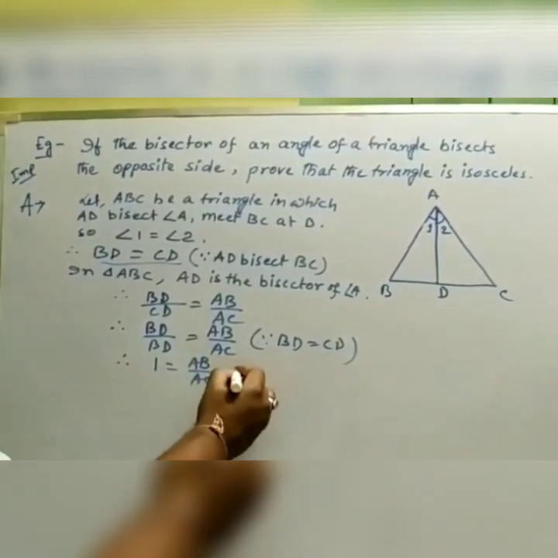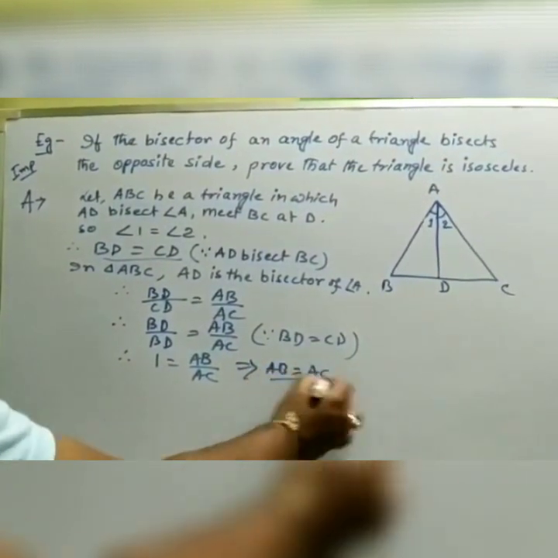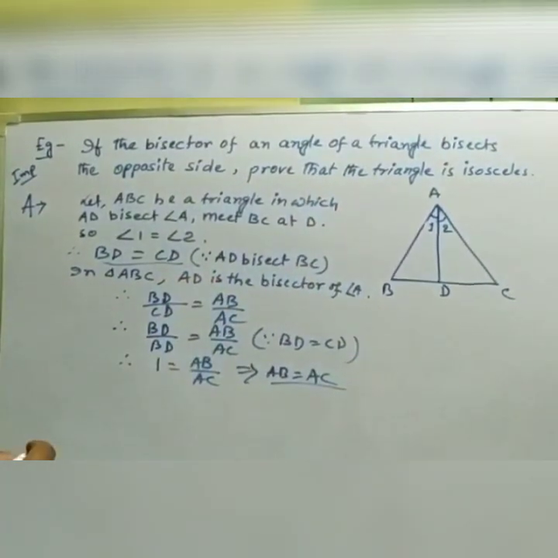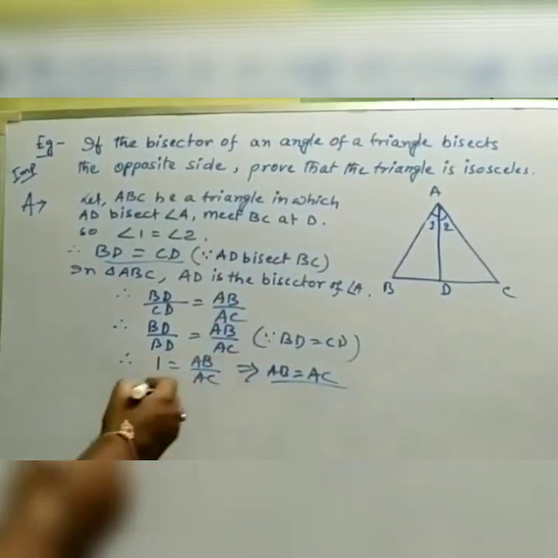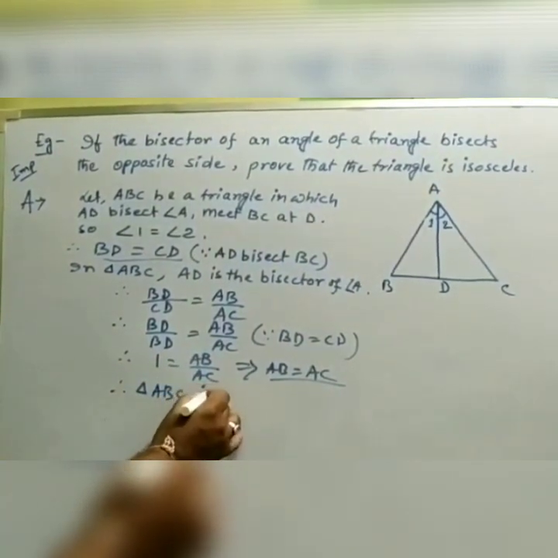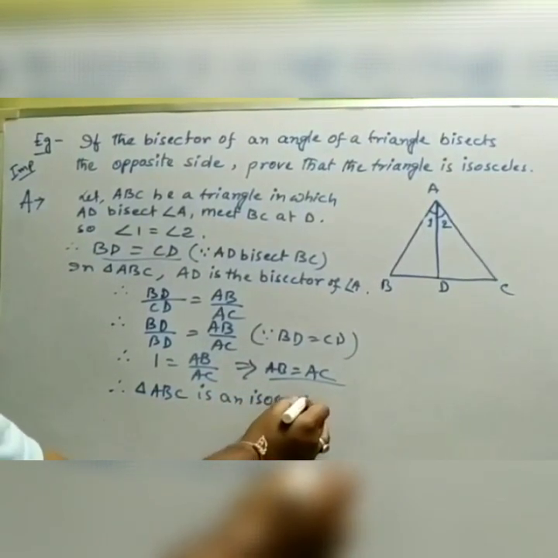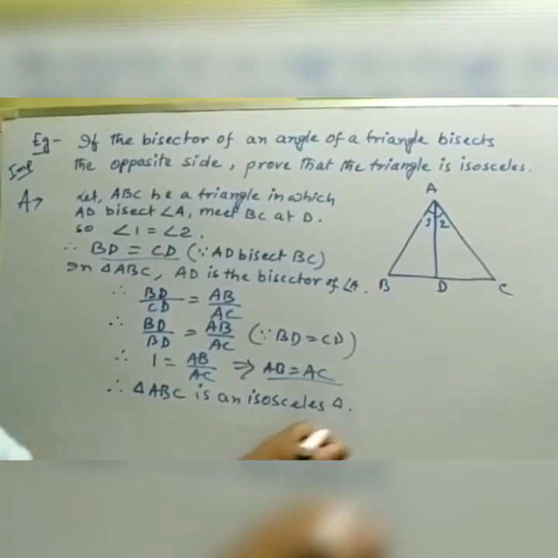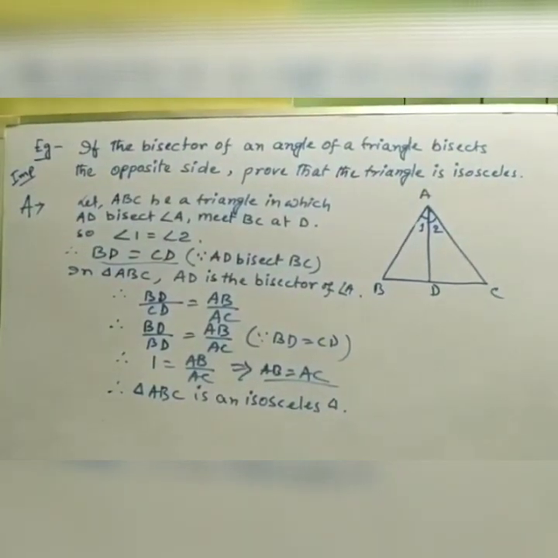Now do the cross multiplication and from there you get AB equals AC. So two sides of triangle ABC are equal, so we can write that triangle ABC is an isosceles triangle.